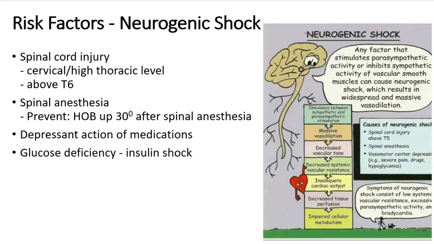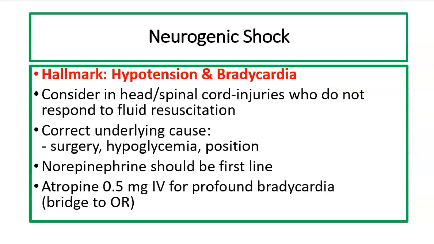You can pause and look at the neurogenic shock with the different things, but the patho really is, because of the sympathetic nervous system being unable to constrict the vessels, we end up with widespread dilation. All right, so the hallmark that we get if the sympathetic nervous system is unable to come into play is that we will end up with hypotension and bradycardia.